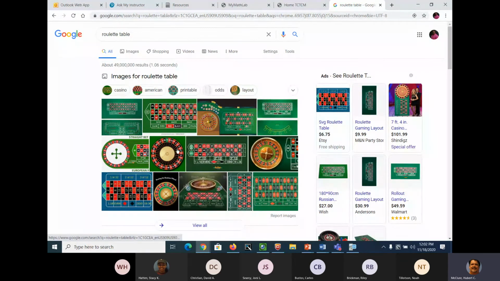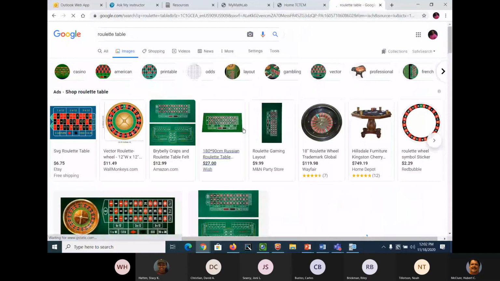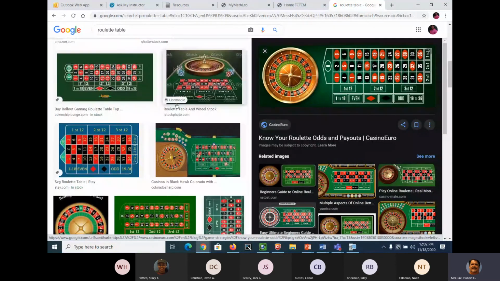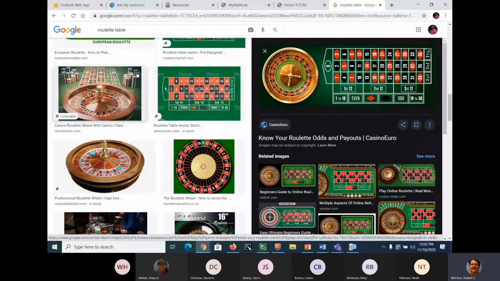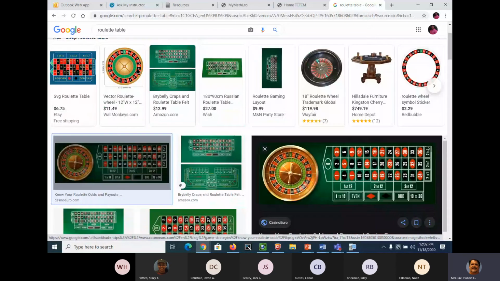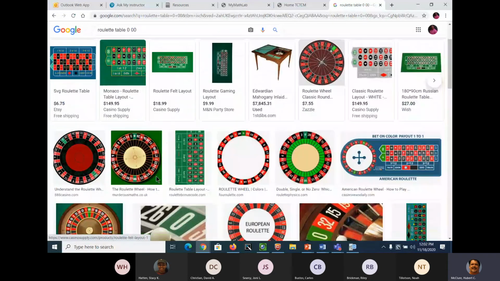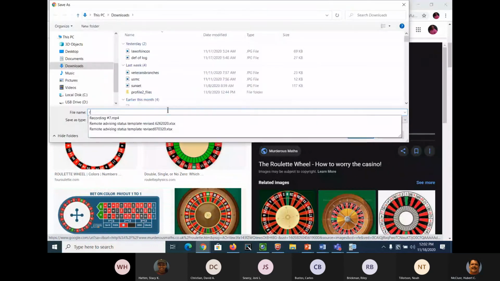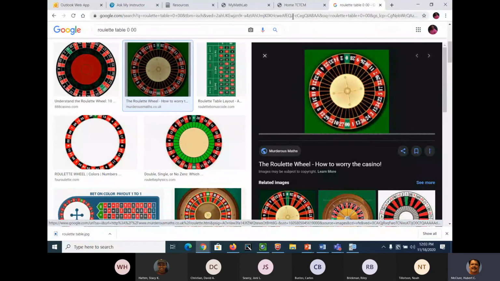There's a roulette table at the casino, and this is a standardized test question on my test. So I'm going to pull up a roulette table. Usually they have a 0 and a double 0. I'll just do it on a Word document.